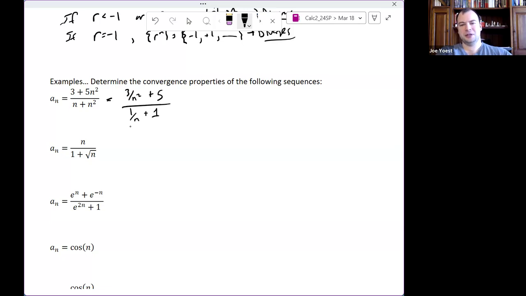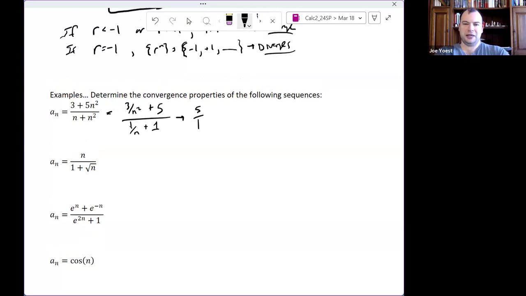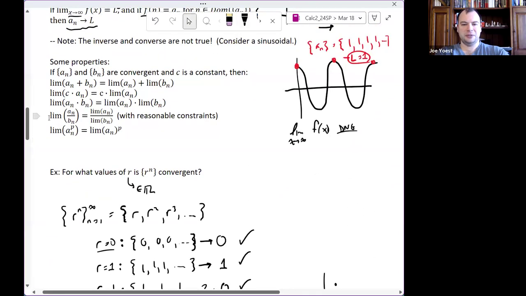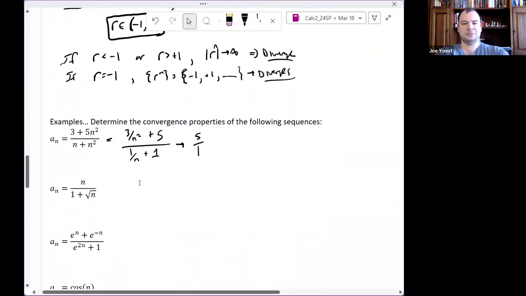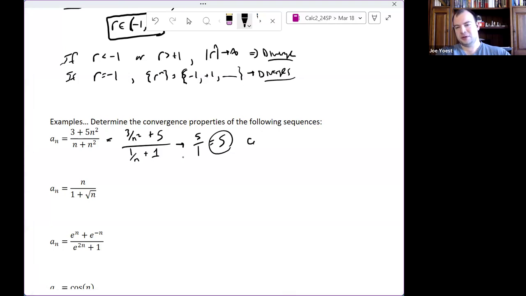As n gets larger and larger, I can use my limit laws: limit of the quotients, the quotient of the limits, limit of the sums, the sum of the limits, and so on. And I know that 3 over n squared and 1 over n are going to go to 0 as n gets bigger, leaving me with just 5 over 1, or 5. This, of course, is a real number, so the sequence converges.